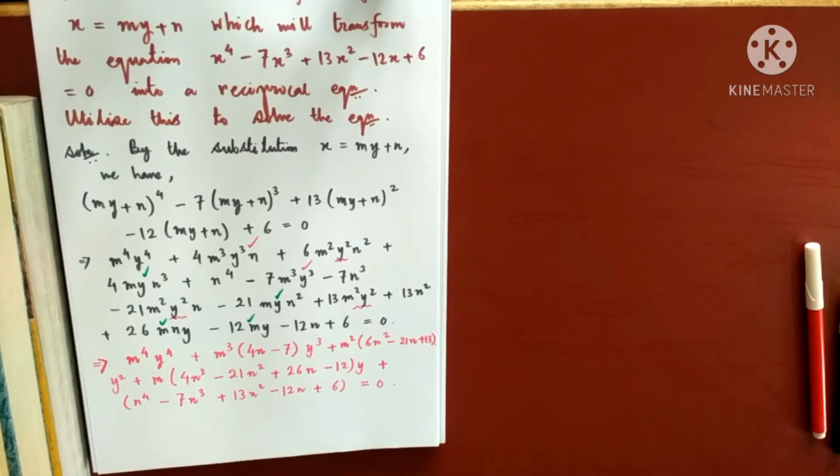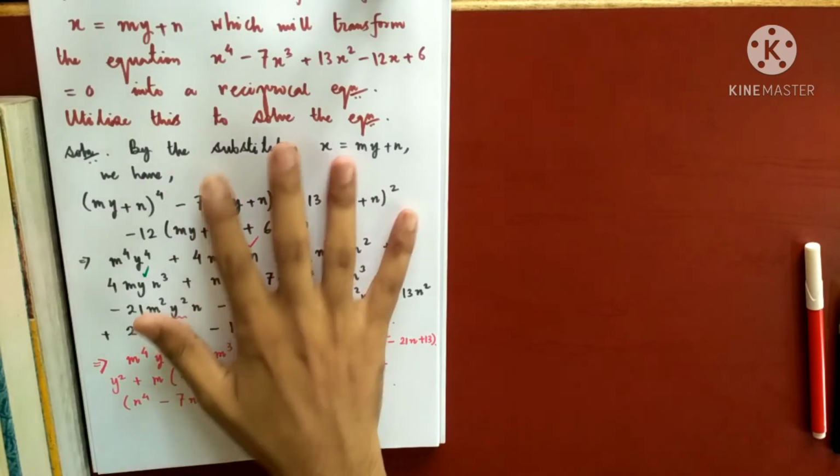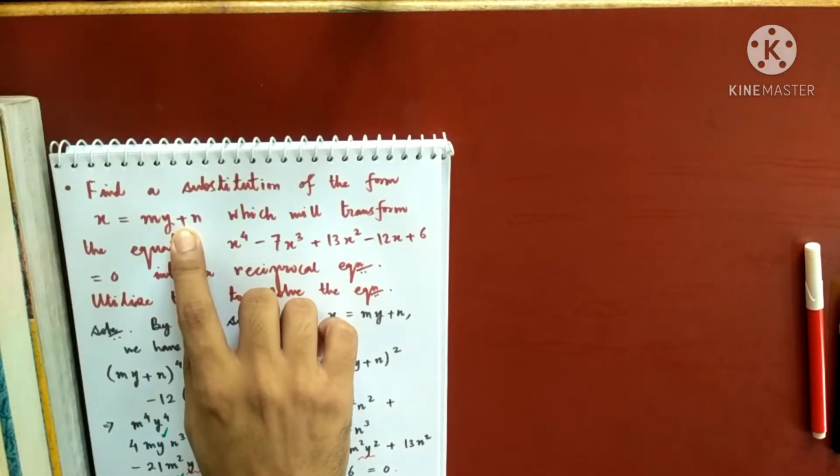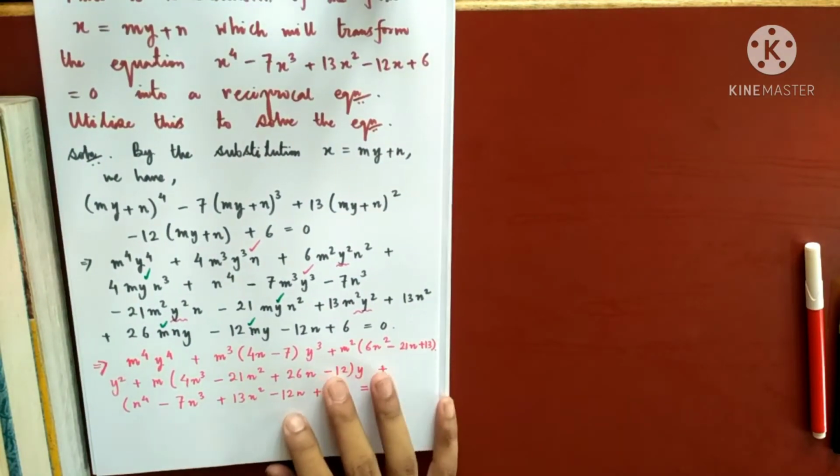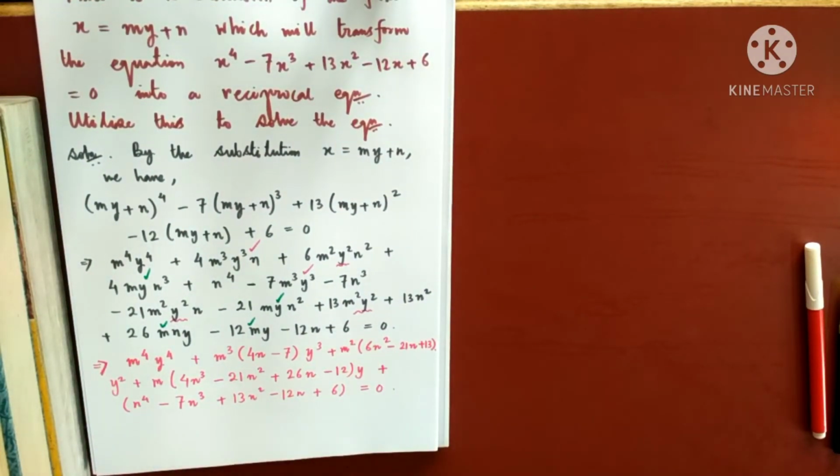Now according to the question, they have said this substitution will make this a reciprocal equation. That means the equation that I have got is actually a reciprocal equation according to the given information.